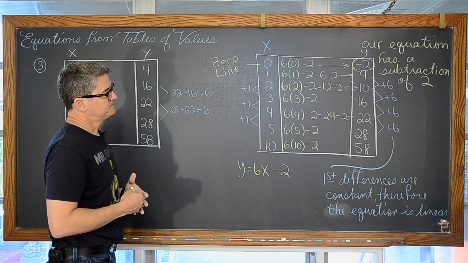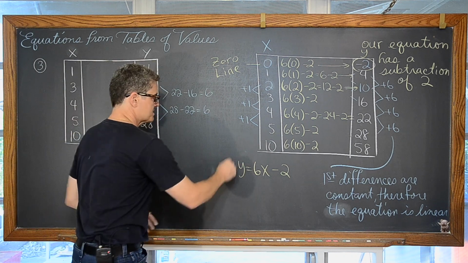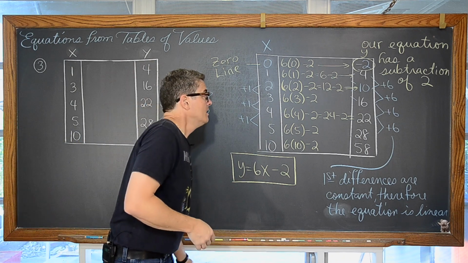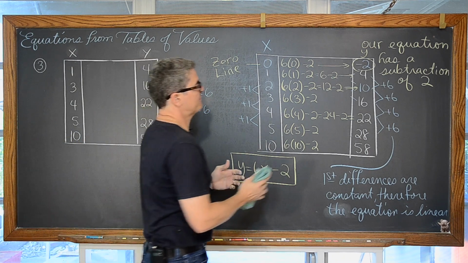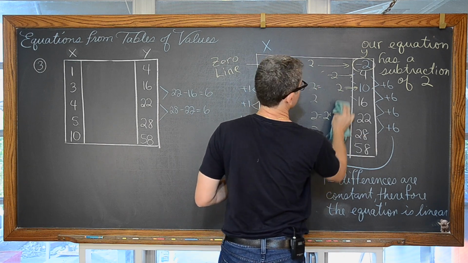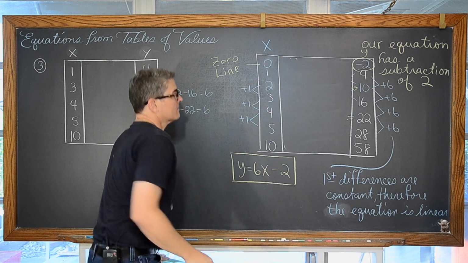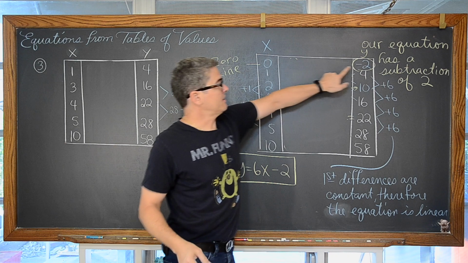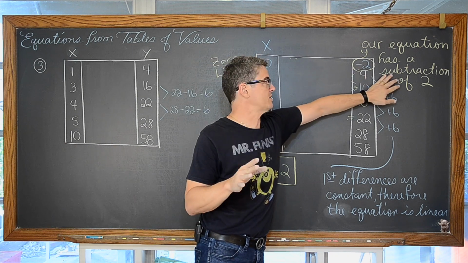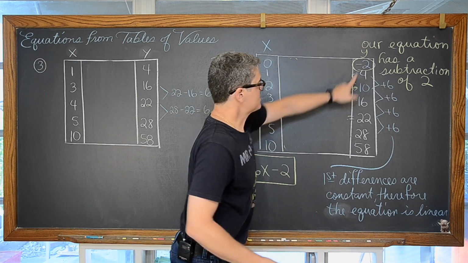Now, I like this and this is done, but we don't all think exactly the same way. If you change this a little bit in how you're approaching or thinking about the problem, you might go, hey, my 0 line had a subtraction of 2, so our equation, still going with that idea that you had to have a subtraction of 2, you might go, well, what was each of these numbers then?